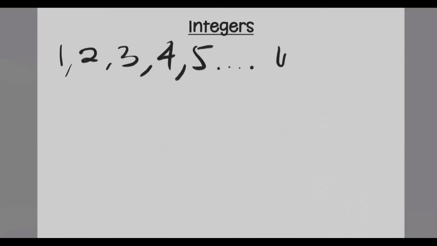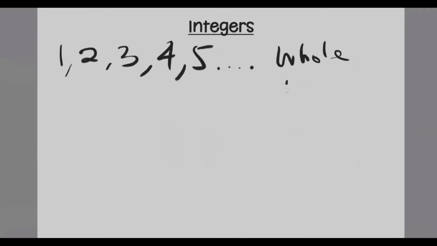And what is different between integers and whole numbers? In algebra, we extend the set of whole numbers by adding the negative numbers to them. So for example, we have 1, 2, 3, 4, 5. These numbers, we call them whole numbers, right? That's what we did in our last class.